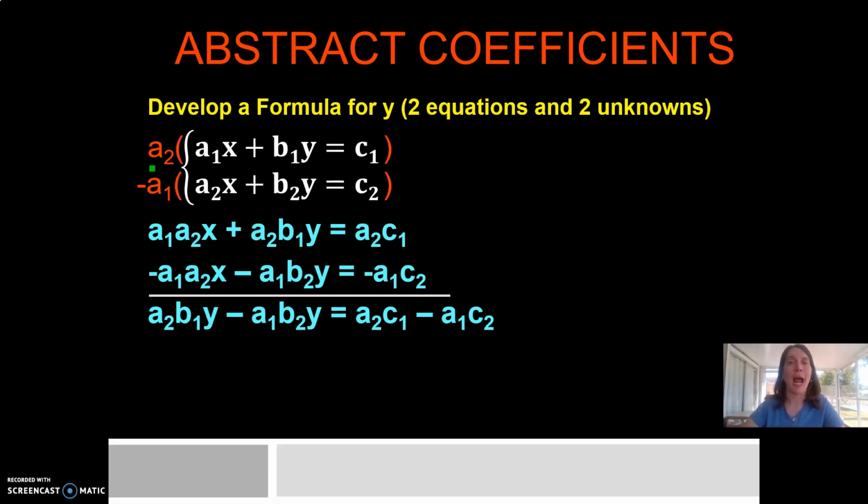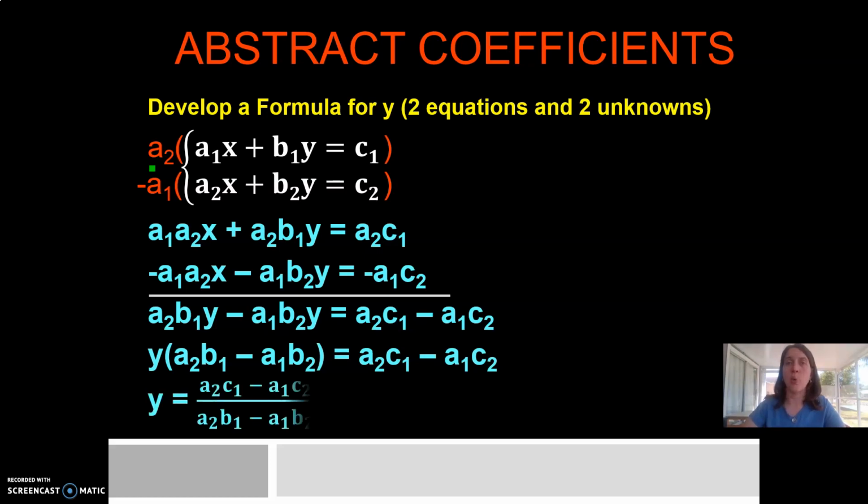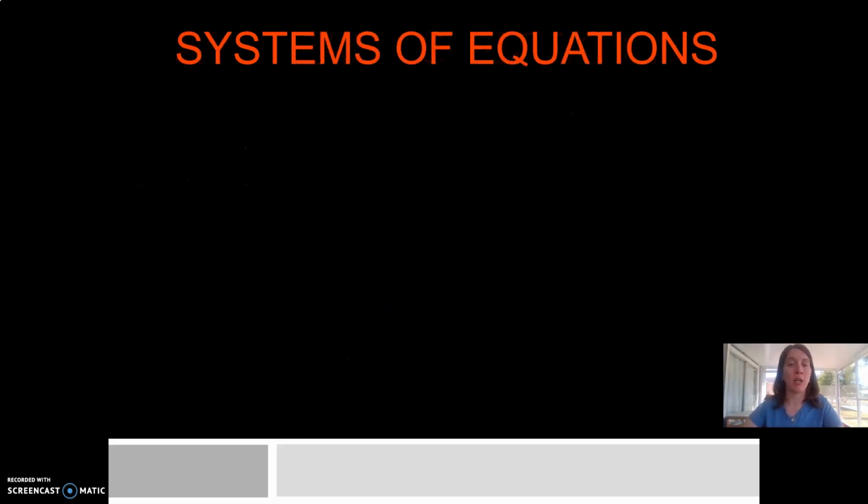I can't actually subtract those. The y is part of both of those terms on the left side of the equation, so I'm able to factor it out to the front. Once I factor it out to the front, we're going to divide, and there's our answer for the y that we had in our equation. That formula is going to help us now as we move to our system to come up with the answer for y. Let's go ahead and mark that formula down in our notebook here.